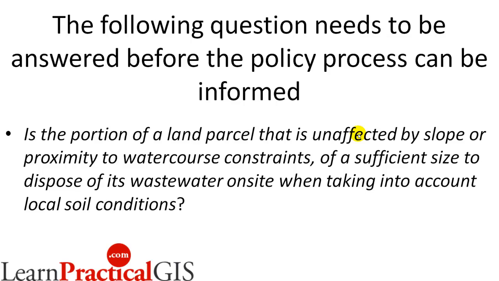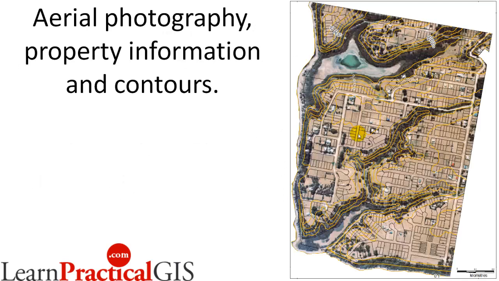Okay, so we've not only got these constraints, these setbacks that you can map, the setback from the watercourse and the slope that we can map using a GIS. We also have to take into account the soil information.